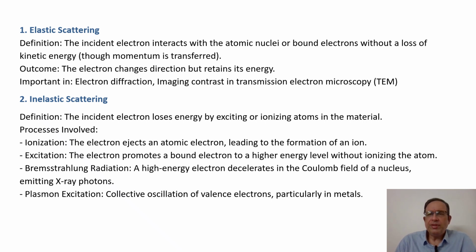Number one is the ionization process, in which electrons are ejected out of the atom and the atom transforms into an ion. Then excitation is also possible, in which the atom does not become an ion, but changes its state from the ground state to an excited state without ionization.